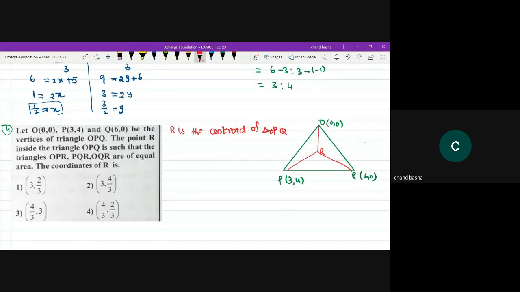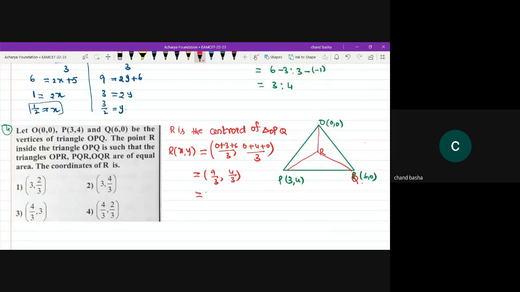This is Q. So make use of the centroid formula. x, y is equal to x1 plus x2 plus x3 by 3, which is 0 plus 3 plus 6 divided by 3, and y1 plus y2 plus y3 divided by 3. So that means it is 9 by 3, which is 3, and 4 by 3 we can keep as it is.